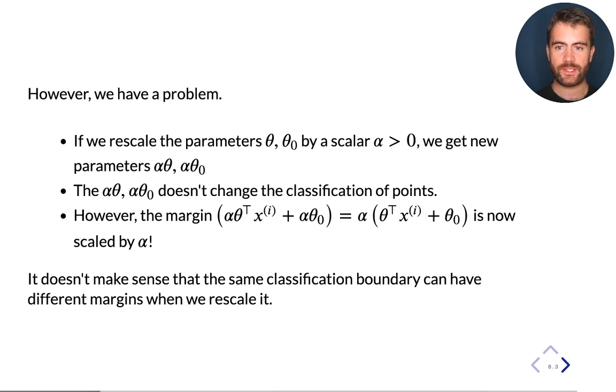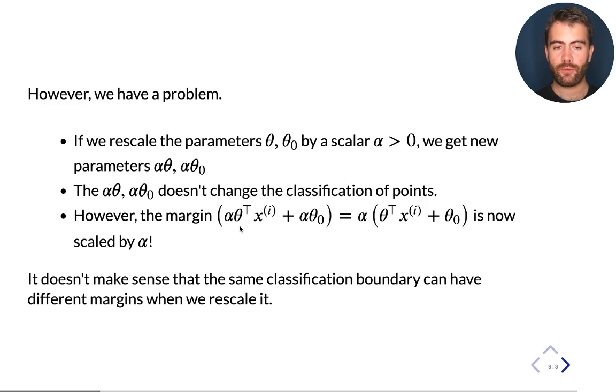The only problem is that this definition has the following problem. If we take the parameters theta and theta0 and we multiply them by a scalar alpha, then we have these new parameters. But because alpha is positive, it doesn't change the sign of the score that is assigned to each point. And therefore, it doesn't change the classification values. It doesn't change the label that is predicted at each point.